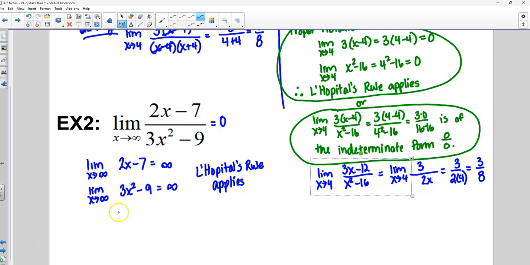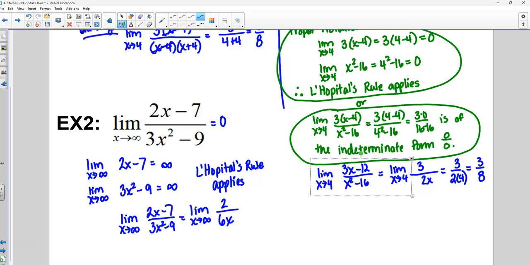Then you are going to take the derivative. Limit as x approaches infinity of 2x minus 7 over 3x squared minus 9, and then that equals the limit as x approaches infinity of 2 over 6x. For this, you're not going to get infinity over infinity, right?